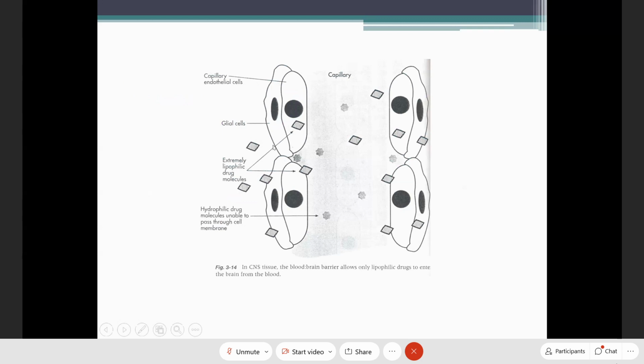This is the glia cell. You have glia cells and also the capillary endothelial cells. These are lipid soluble, so they are able to penetrate the cells. The hydrophilic drugs are unable to pass through the cell membranes.